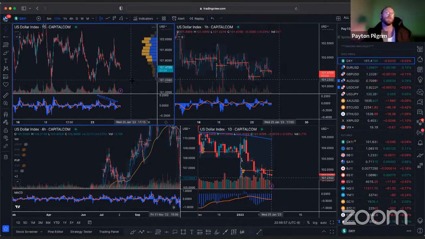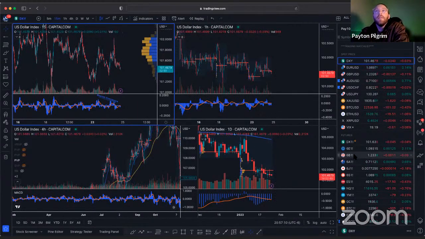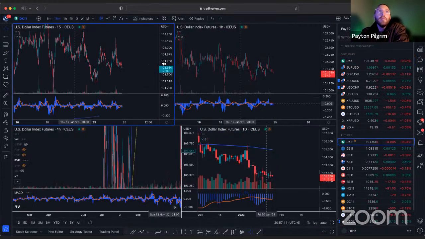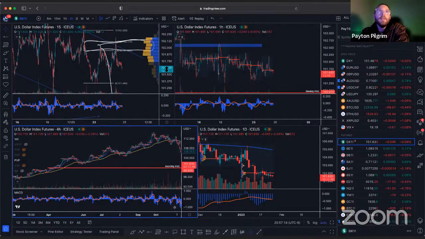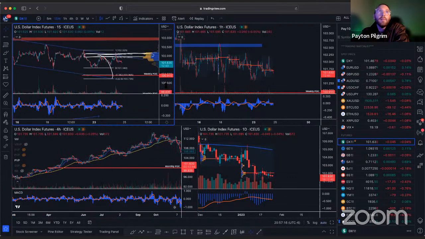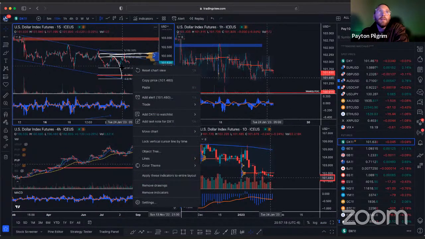Now, this is where it gets really good, because if the DXY's floor falls out, then Bitcoin's going to pop. But we have the dollar doing a fake move to the downside and then dropping and then coming back up. So we have the dollar coming into this level right here.